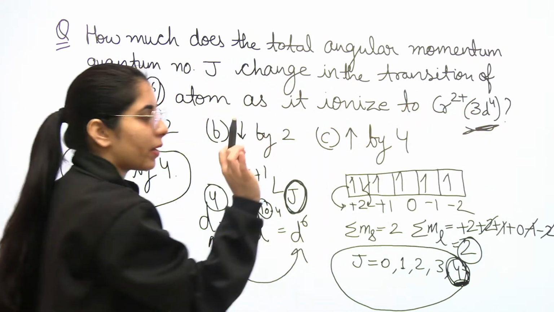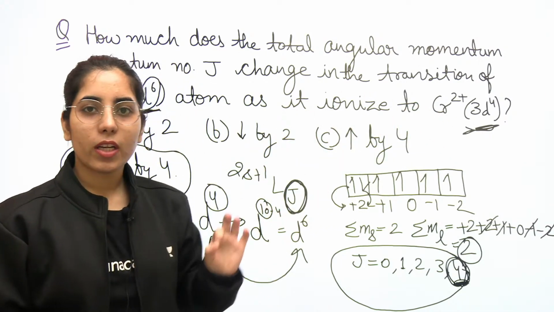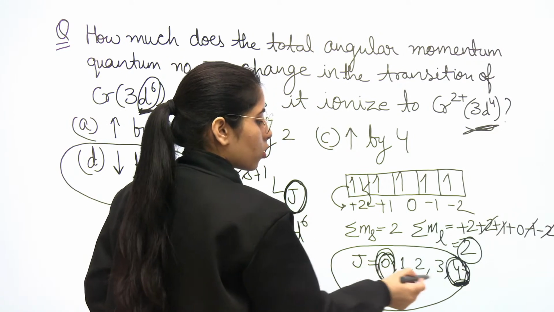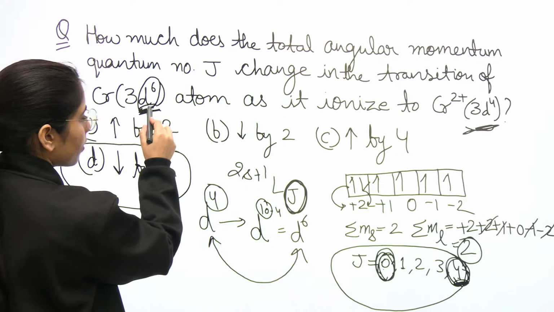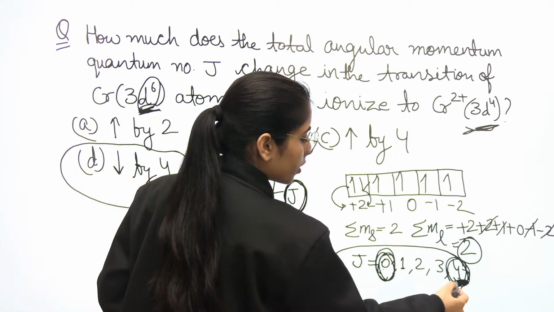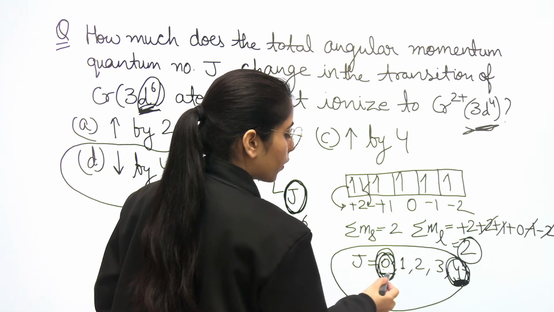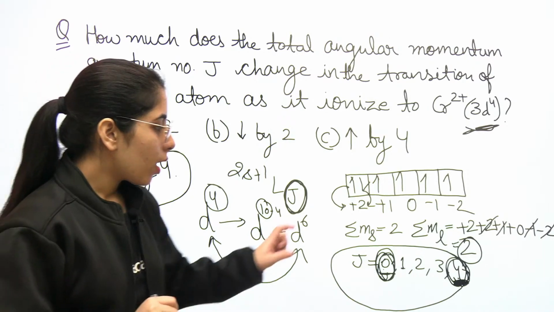For D4, 10 maximum, 5 half, it is a less than half filled case, so the lower J value will have the lowest energy. 0, 1 will have the lowest energy. So 4 and 0, you already got 4 for D6. In the D4 case, it's 0 you are getting, which is the ground state spectroscopic term J value.